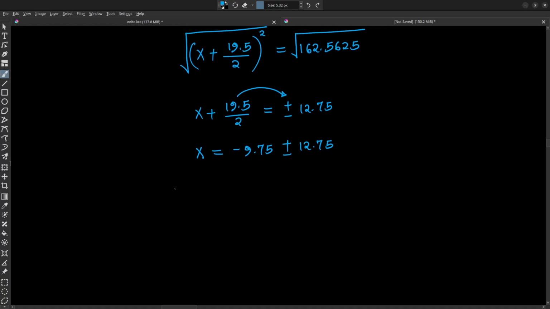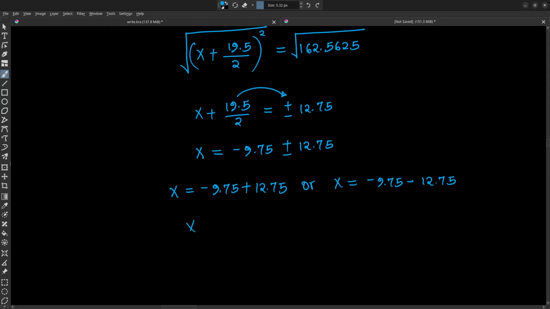Okay, so this means x is either equal to negative 9.75 plus 12.75, or x is equal to negative 9.75 minus 12.75.